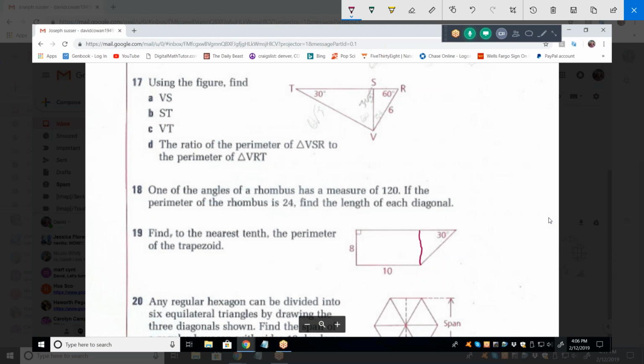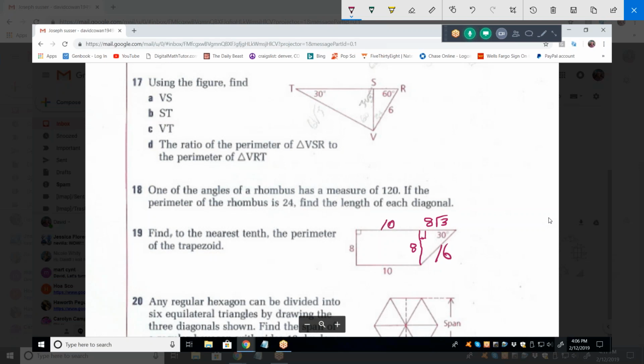And now we know that's 10. I know that's 8. That's a 30-60. Opposite the 30 is 8. Therefore, what's the hypotenuse? 16. And what is this little segment? 8 root 3. Uh-huh.